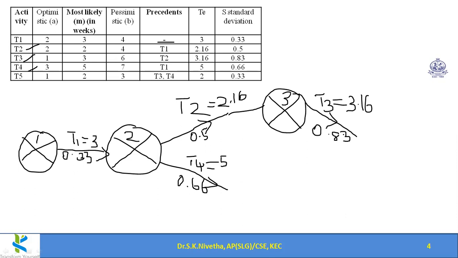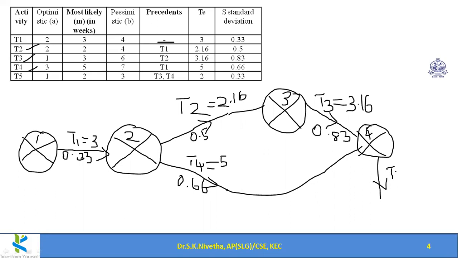So if I am making any mistake, you can intimate me. So when T3 and T4 are over, both will end up in the same event. That is event 4. From that, activity 5 can start.